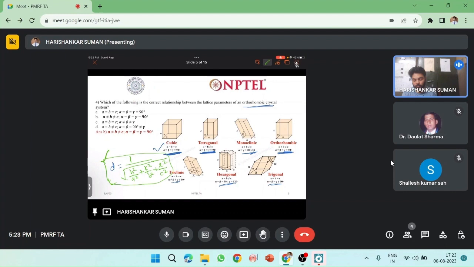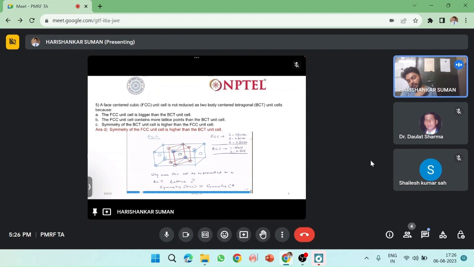So why is FCC not reduced to BCT? The answer is symmetry. FCC is more symmetric than BCT. So when choosing a system, first is symmetry, second is the smallest distance of the primitive lattice. Please remember these things. Next question.